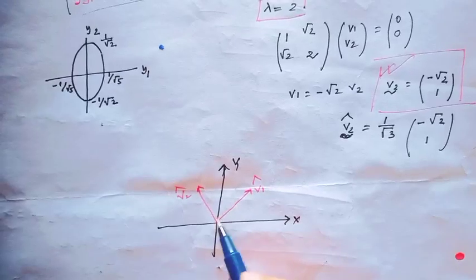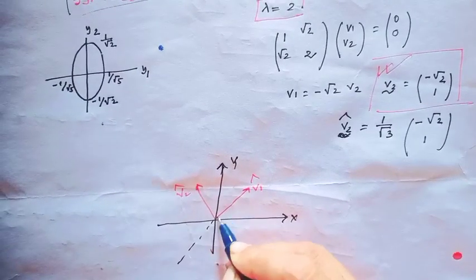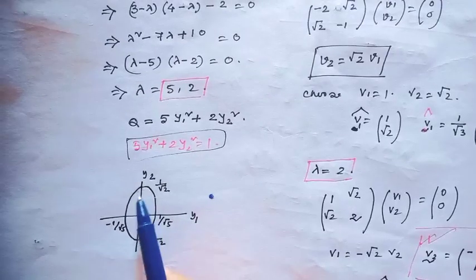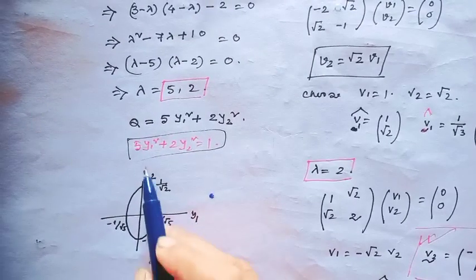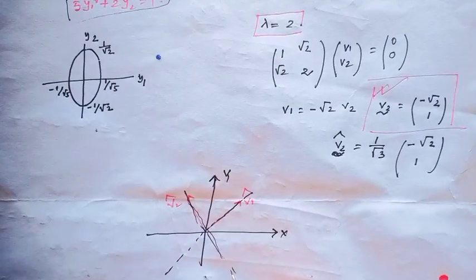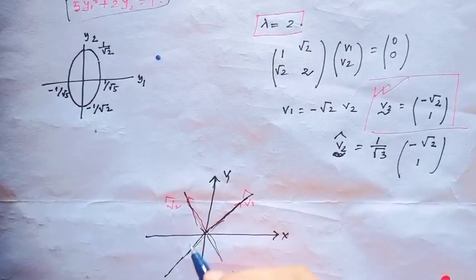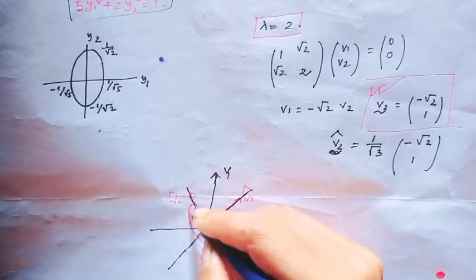That means this is actually v1 and this is v2, and this is actually the principal axis. And since here this reduces to an ellipse, where this is the x-axis and this is the y-axis, this ellipse would lie along these two axes, so the ellipse would be of such type.